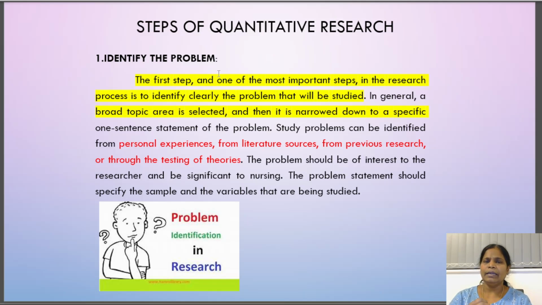You have to identify the problem and clearly understand what the problem is. So you have to do a vast study, select a topic which covers a broader area, then narrow it down to one sentence.